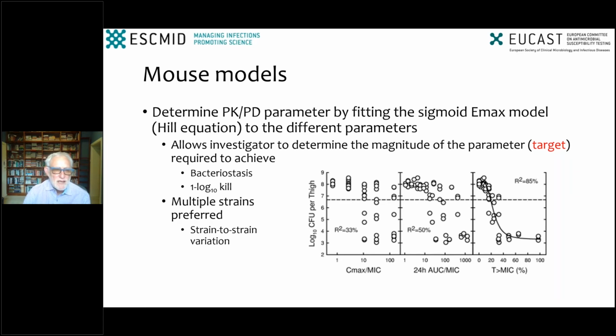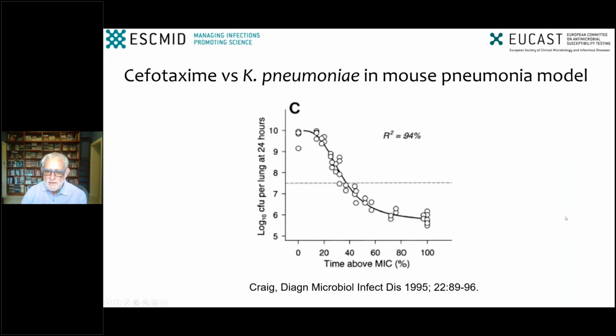The other important question that's determined is, what values do we see that generate bacteriostasis, in other words, the same number of organisms we injected in the beginning, which is the dotted line in this particular graphic, and what generates 1 log kill, which here you would have seen was about down here, and here you would see that there's not a terrible amount of difference.